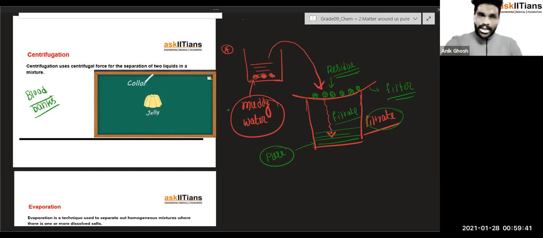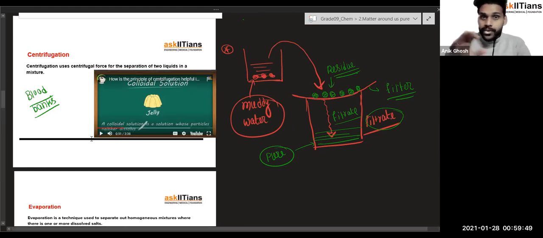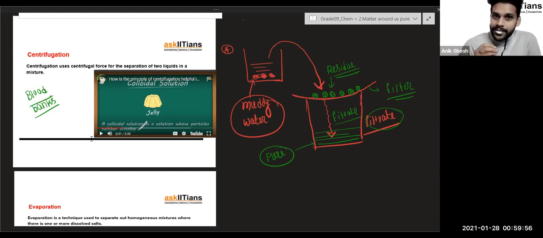Now, this is a jelly, right? Jelly is a colloidal solution, you know about it already. They're trying to tell you what a colloidal solution is. We discussed it in the last video: a colloidal solution is a type of solution where the particle size is up to 10 to the power minus 6 meter, a micrometer.